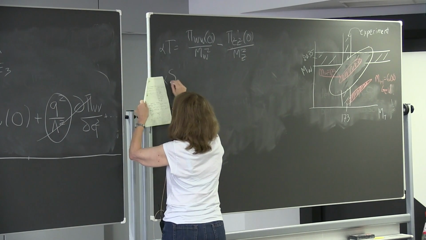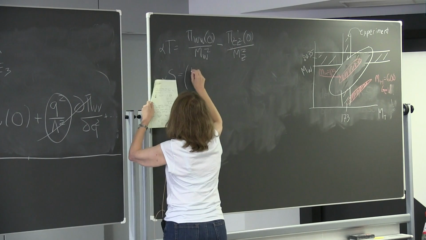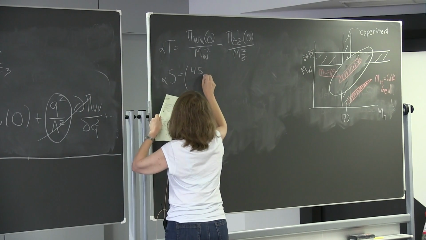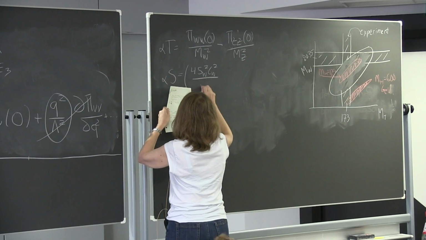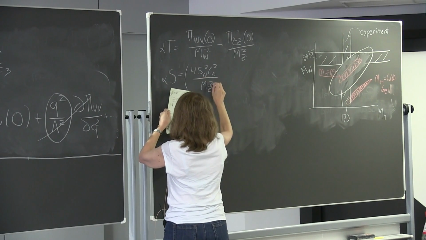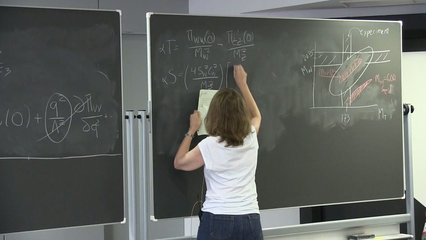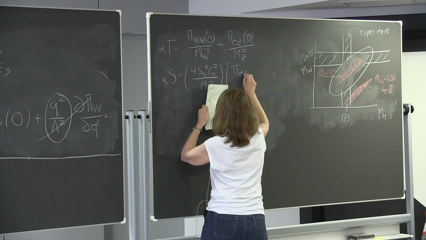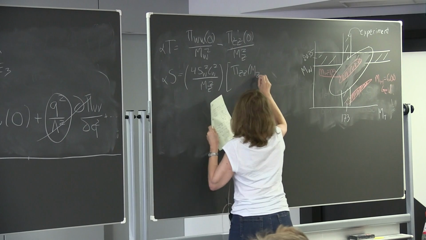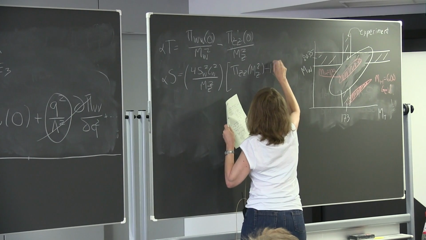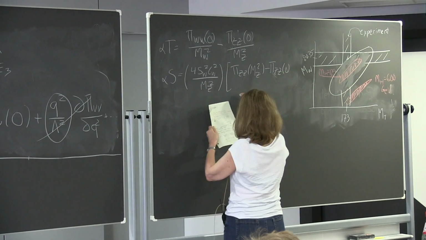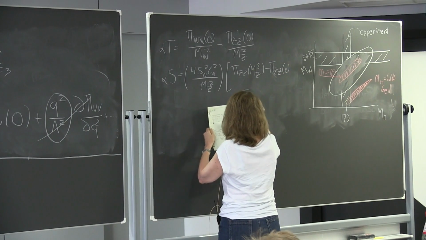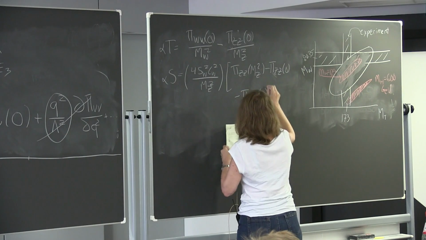Alpha S is 4 SW squared CW squared over MZ squared times pi ZZ at MZ squared minus pi ZZ at 0 minus pi gamma gamma at 0.